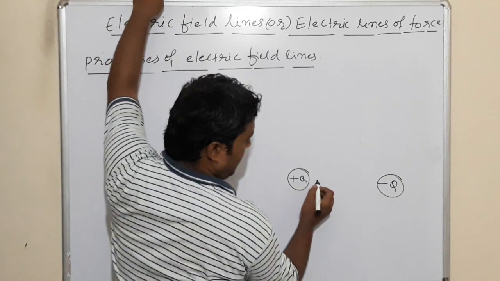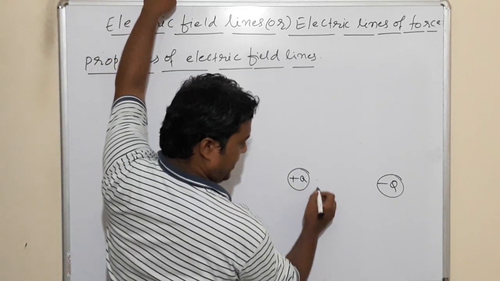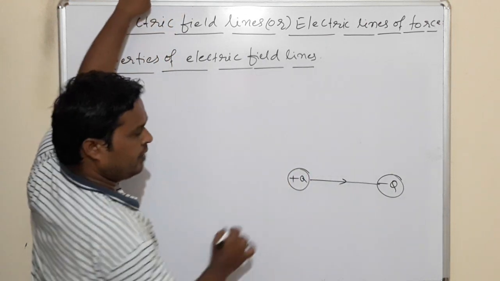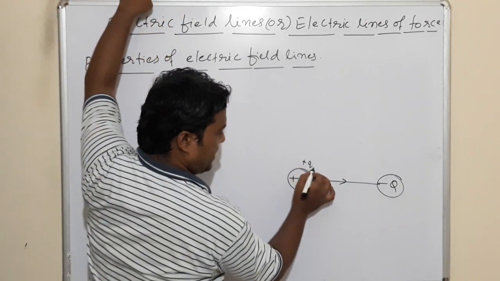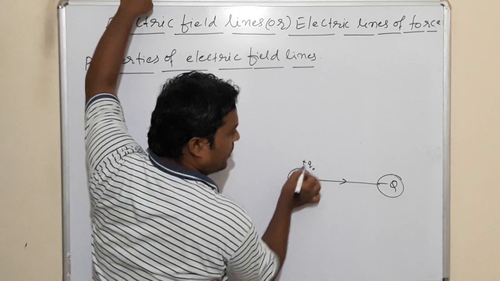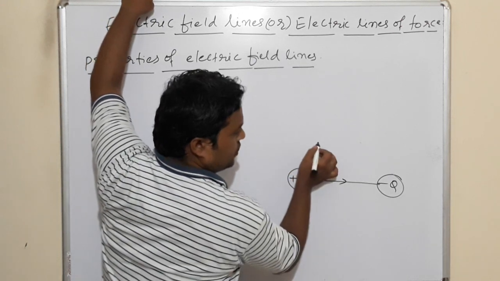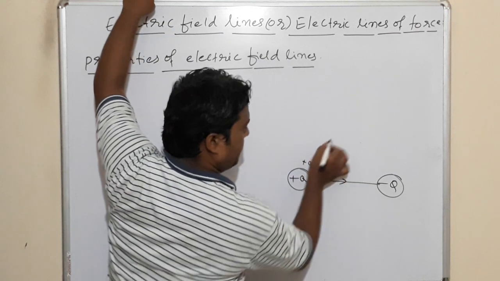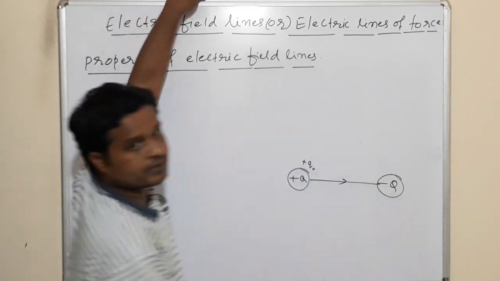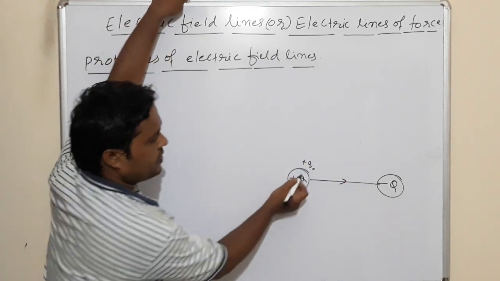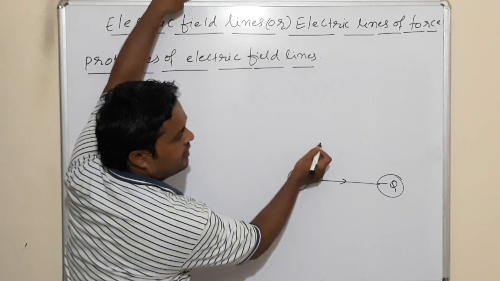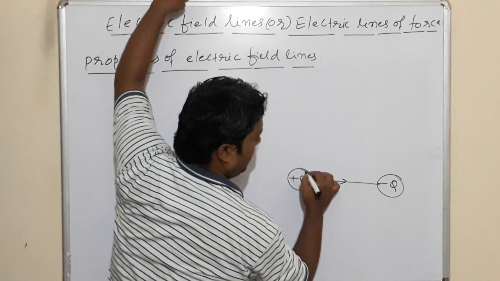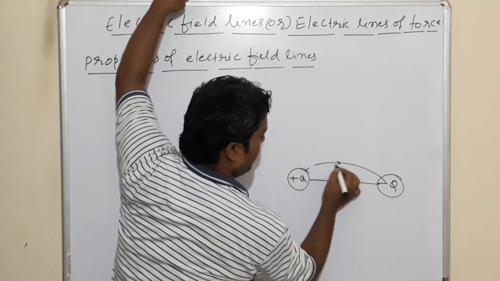If you keep the test positive charge here, it will directly move like this. If you keep it here, it will be repelled by the positive charge and attracted towards the negative charge. First it is repelled like this, then it will move like this. Because of repulsion it will move away slightly, and because of attraction it will move like this. That means the test positive charge may move like this.